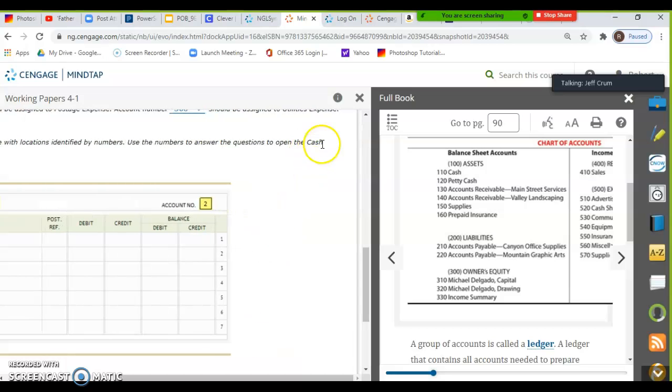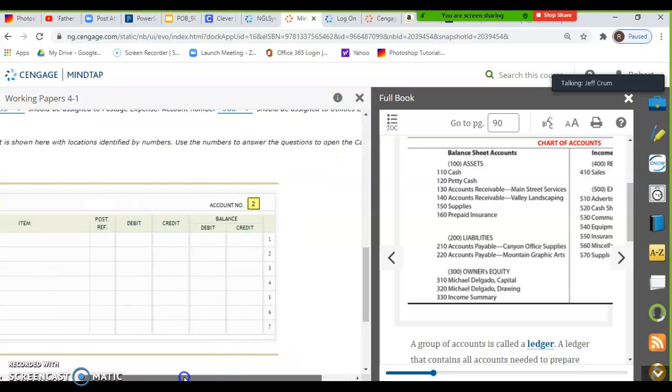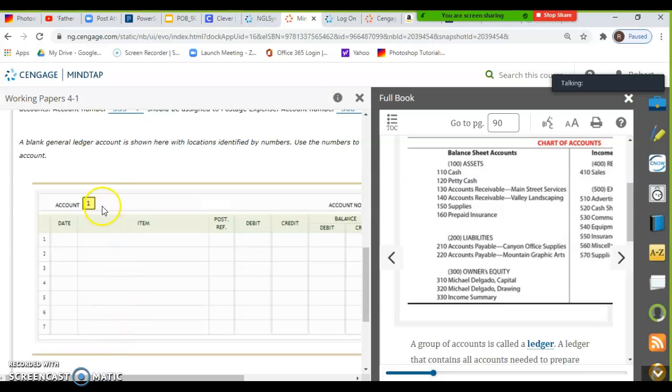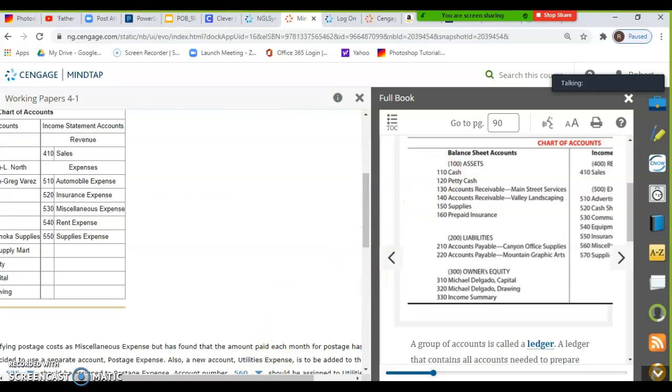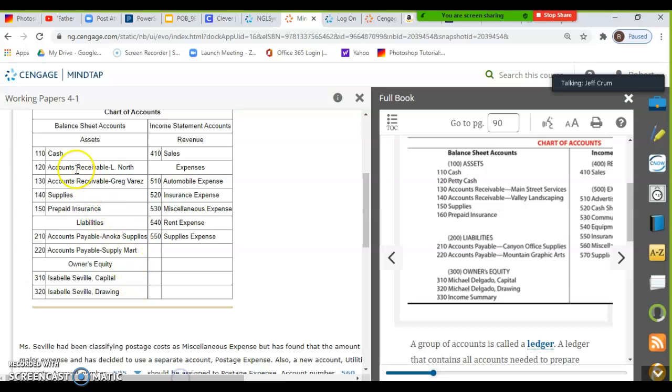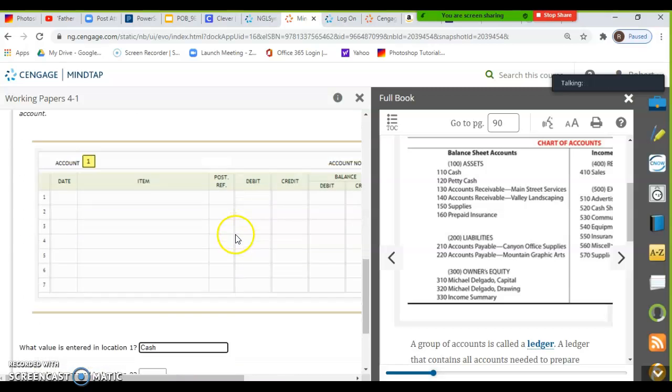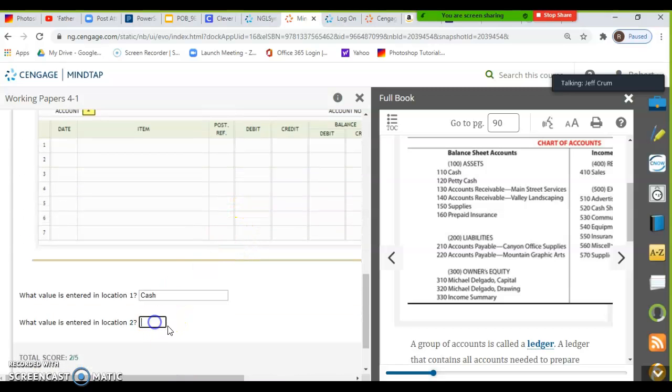Yep, cash. So cash goes into box 1, and then for our account numbers, remember cash is always account 110, plus we have it up here, 110. So the value entered in location 2 is for their cash account, 110.